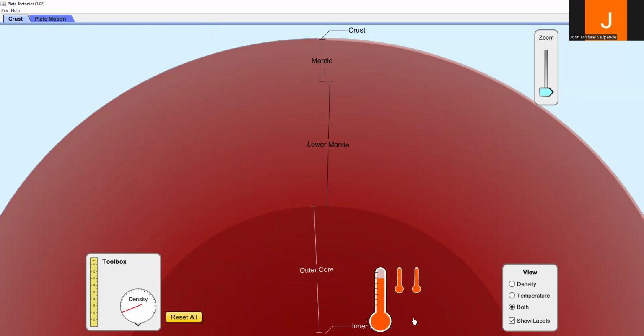So that makes the topmost layer the coldest layer and the bottommost layer the hottest layer. So let's go back to my PowerPoint presentation.